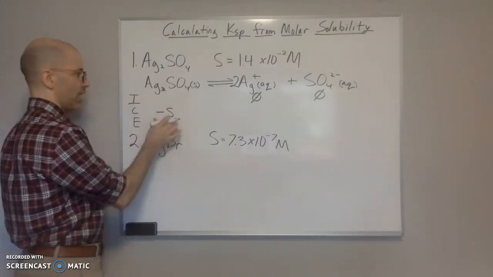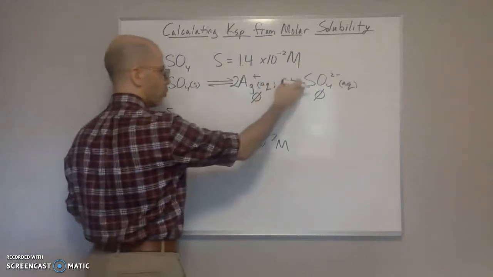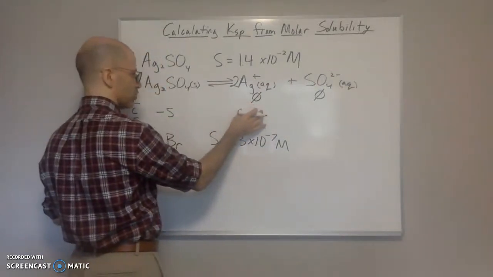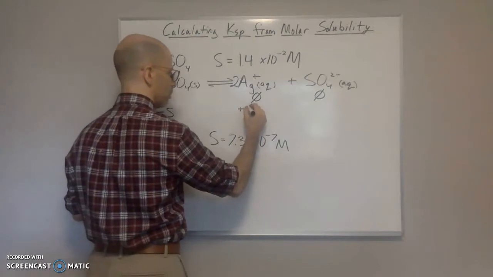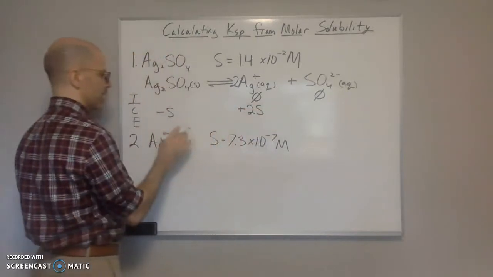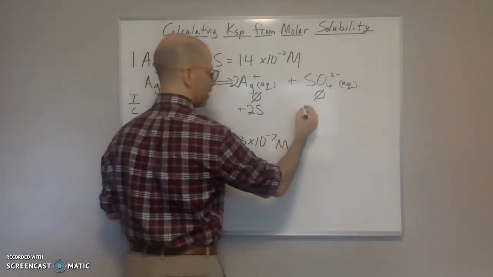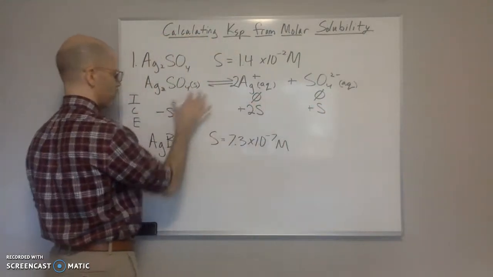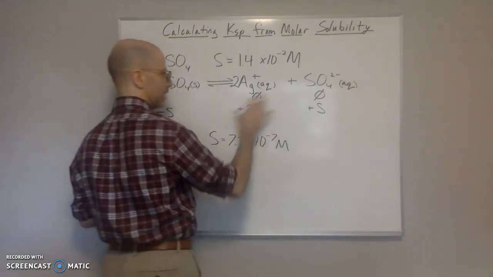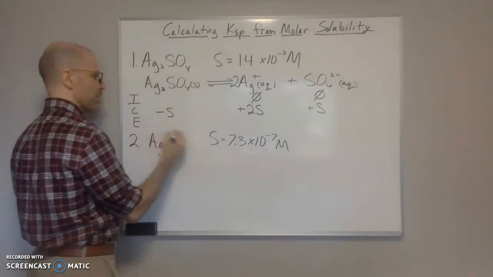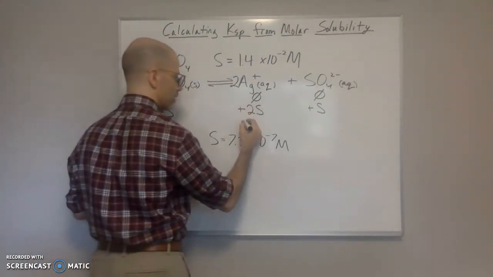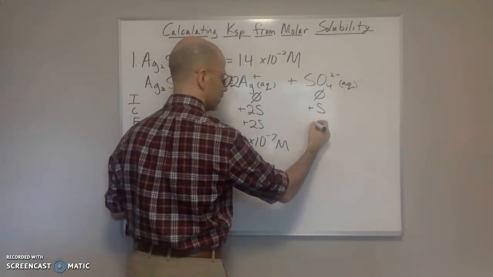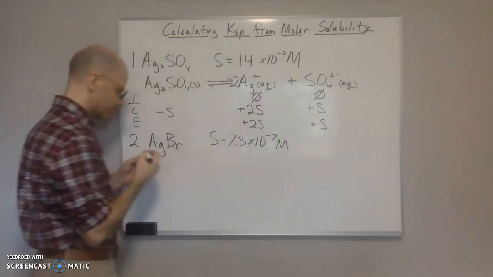Because it's a 1 to 2 to 1 relationship, whatever you lose here, it'll be twice as much of a gain for the silver. So it's going to be plus 2s here, and a plus s for the sulfate. We're ignoring the solids and only looking at the ions, so the equilibrium amounts are plus 2s and plus s.